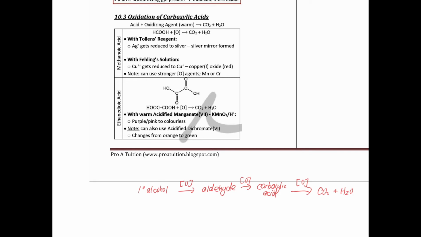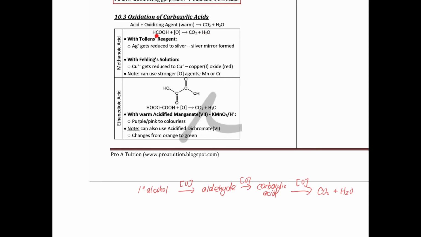Only one special carboxylic acid can do oxidation. So the special carboxylic acid here is the methanoic acid. What is methanoic acid? It is HCOOH. Okay? HCOOH can oxidize to form CO2 and H2O.